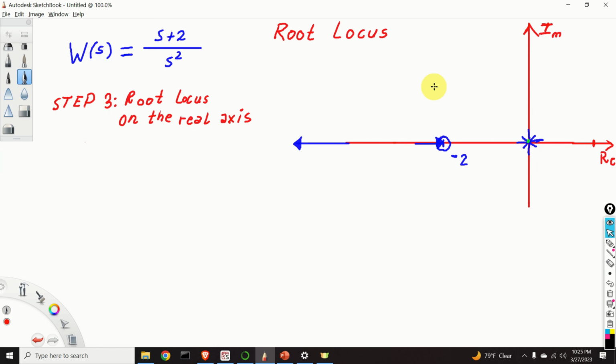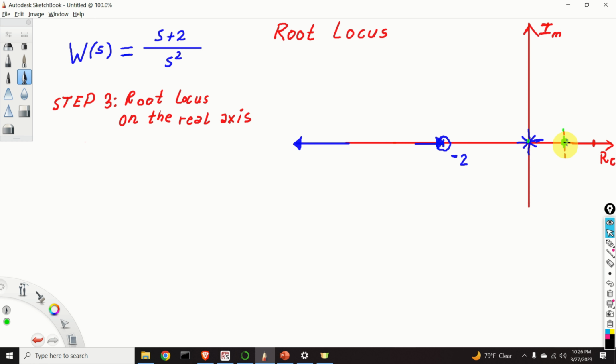In step number 3, we investigate: does our root locus completely lie on the real axis? And here's how we investigate that. We start, for example, from this point. And in order not to destroy this graph, I will use a different color, for example, the green color.